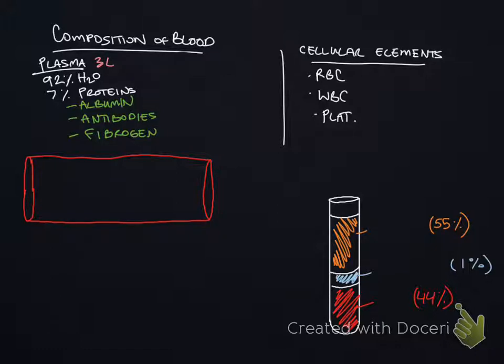So we have water, lots of water in the plasma. We have fibrinogen. We have albumin. Okay. We also have antibodies in the plasma.